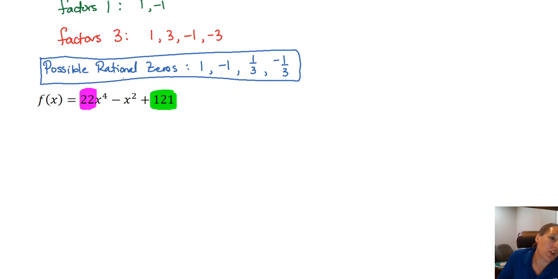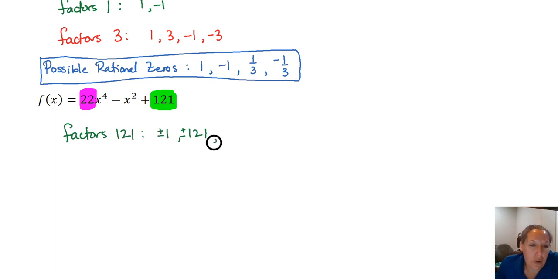So the first thing we want to look for are the factors of our constant, the factors of the 121. 121 is 1 times 121. I'm going to go ahead and list them with a plus or minus. All of these are going to come in a positive or negative form.